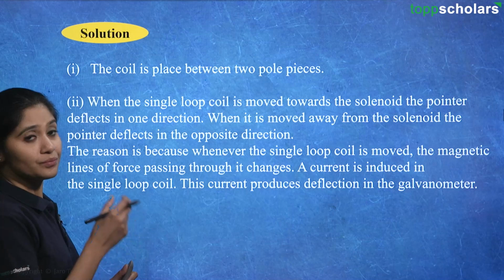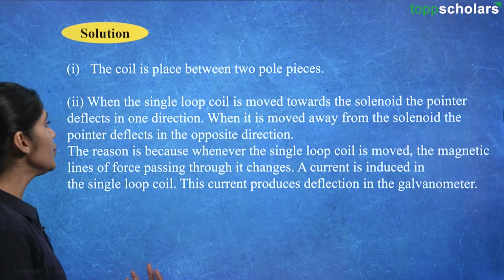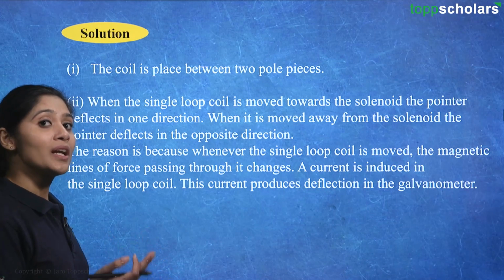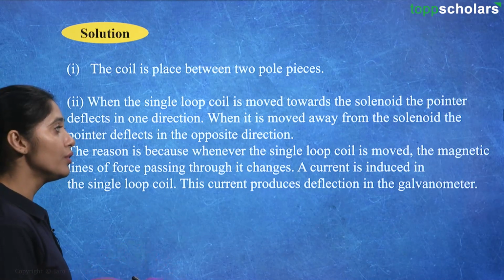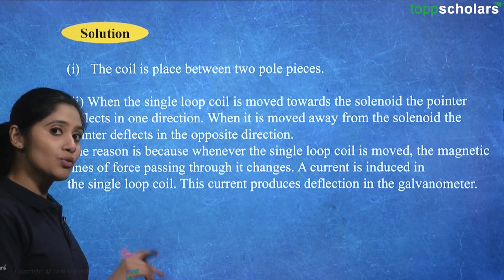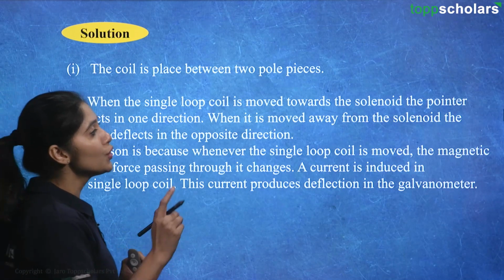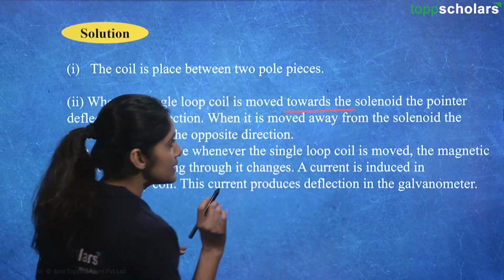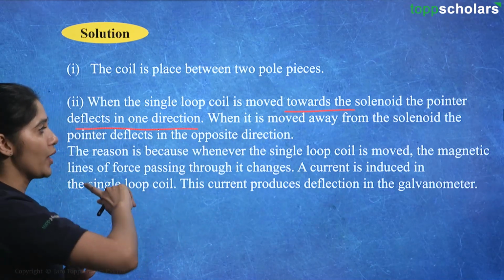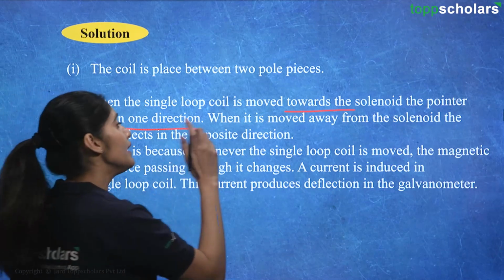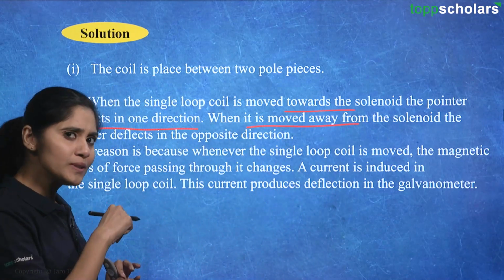And now, the second question is the most interesting one, where you have to tell what would be the deflection scenarios in a galvanometer when you move a single loop coil towards and away from the solenoid. When the single loop coil is moved towards the solenoid, the pointer deflects in one direction. Now when it is moved away from the solenoid, the pointer deflects in the opposite direction.